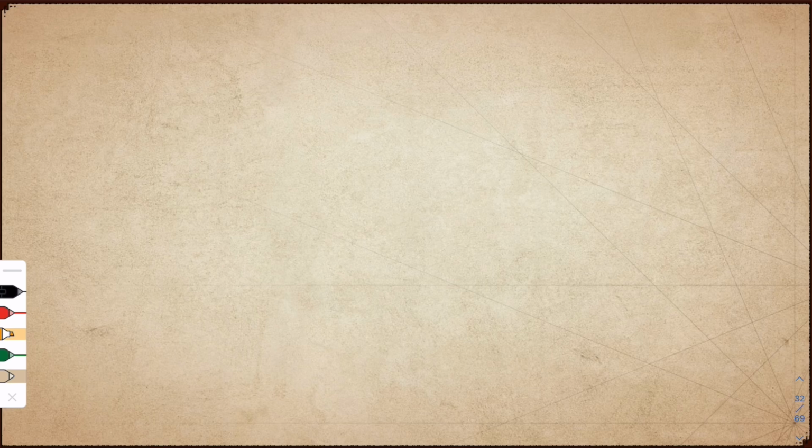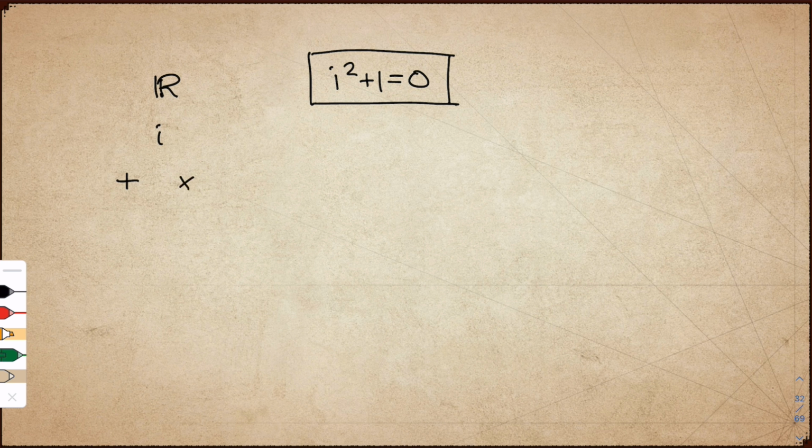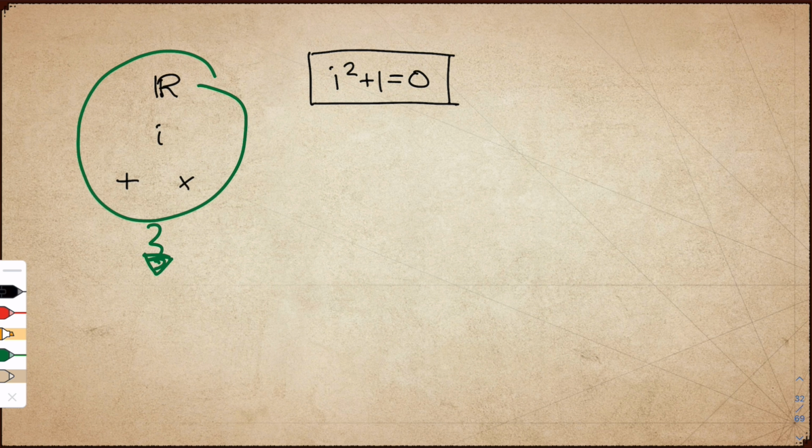What we do is that we start with the real numbers, we throw in a new number, which we call i, with the property that i squared plus 1 equals 0. Using the two operations addition and multiplication, you can then generate more numbers, and all of those numbers together is what we call R adjoined i, or with a special symbol, C. That's the complex numbers.